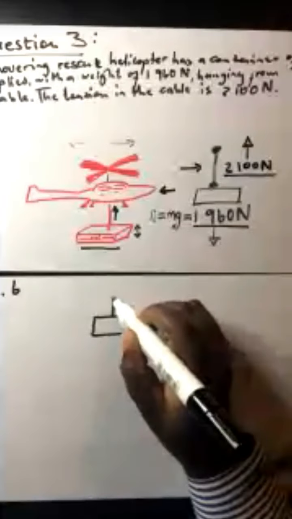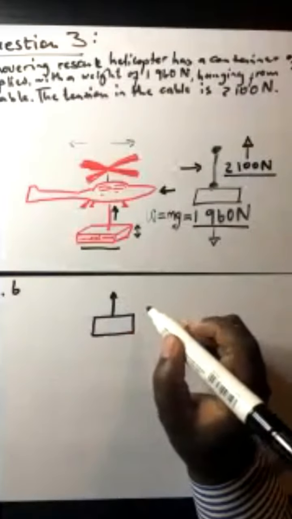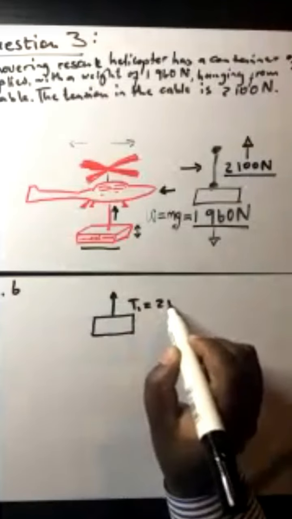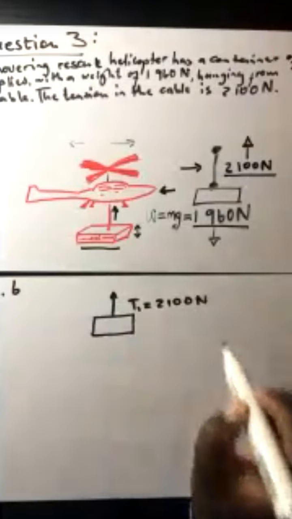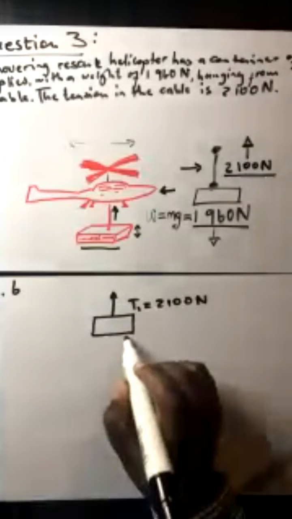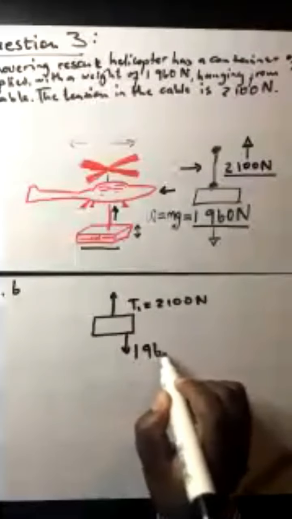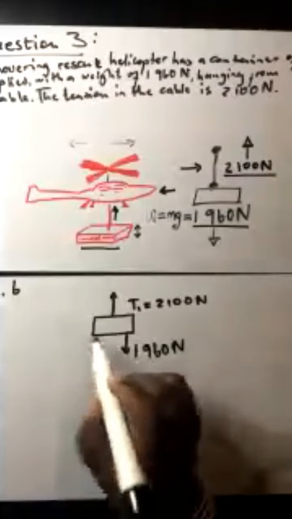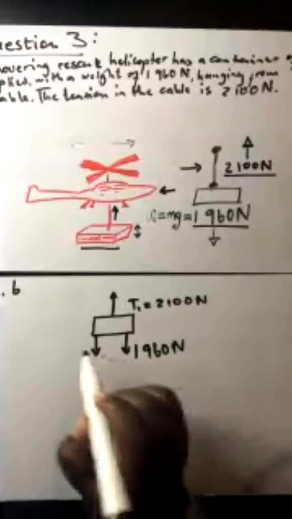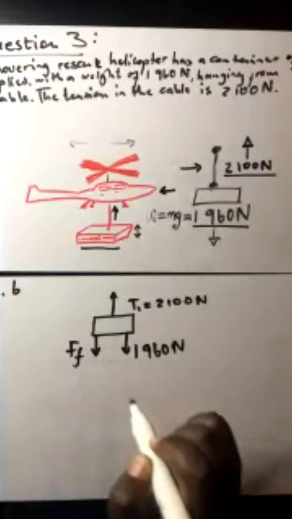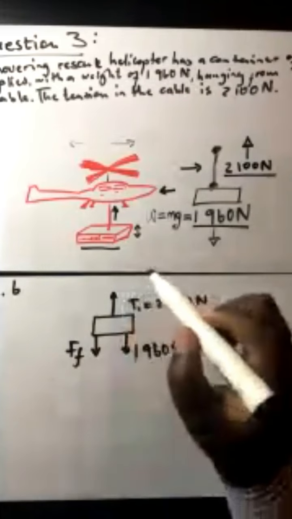We had our initial tension, let's say tension number 1, which was 2,100 Newton. And we had the weight, which was 1,960 Newton. We know we also had force of friction.